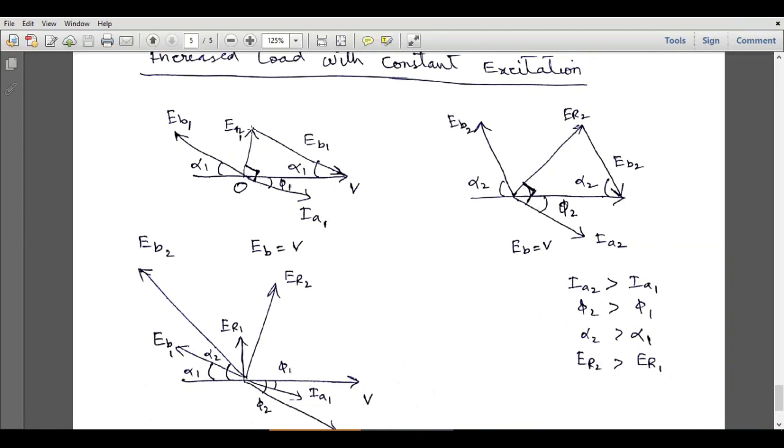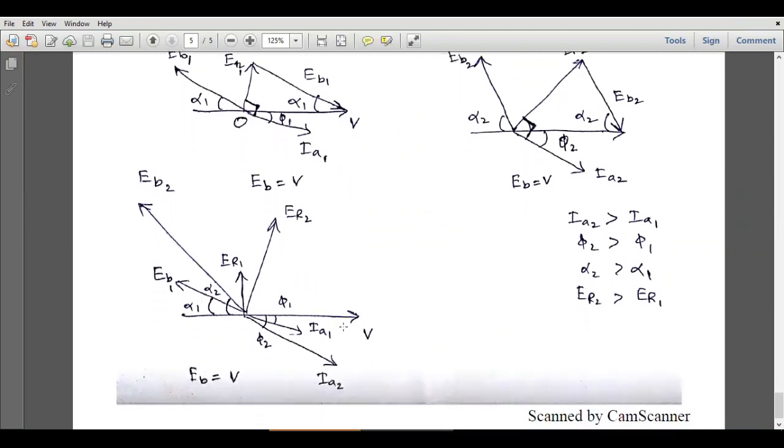Here the magnitude of this ER vector was smaller, and here the magnitude of this ER vector has increased. So when we increase the mechanical load of the synchronous motor, the stator current also increases. This angle phi corresponding to the power factor also increases, the load angle also increases, and this reactance voltage also increases.